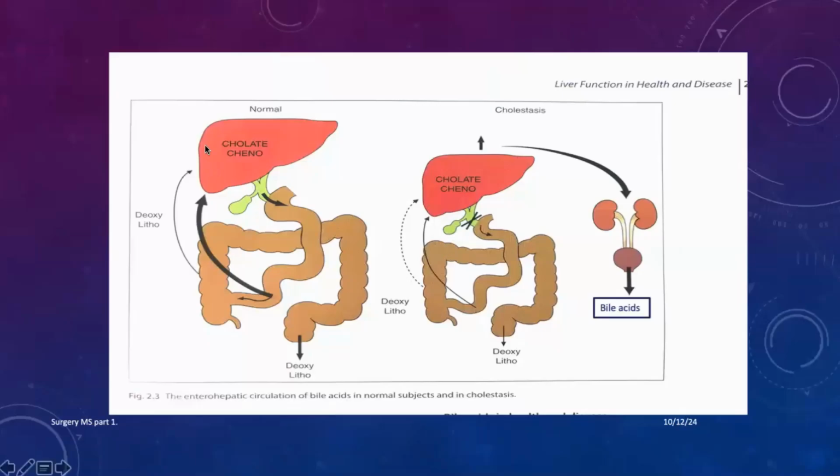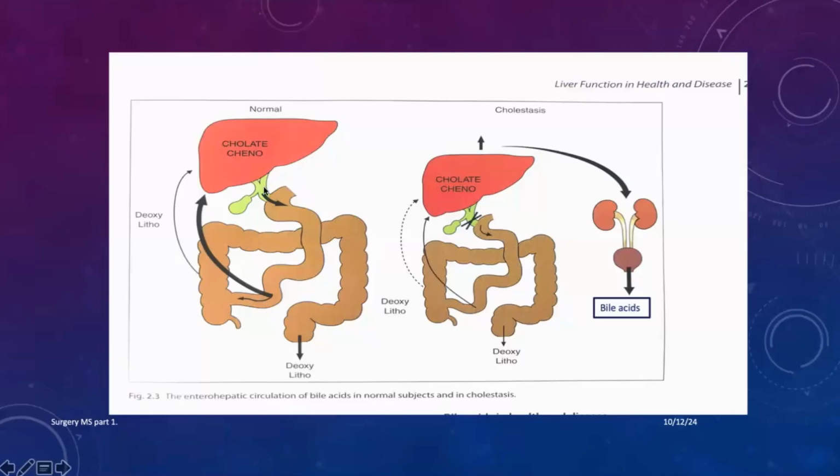In a normal person, the bile salts that are produced will be excreted through the common bile duct into the duodenum, and then mostly excreted through the feces, and some of them will undergo recirculation because they are absorbed at the terminal ileum and also in the proximal colon. So there is a bit of recirculation, but you can see most of the reabsorption happens in the distal ileum.